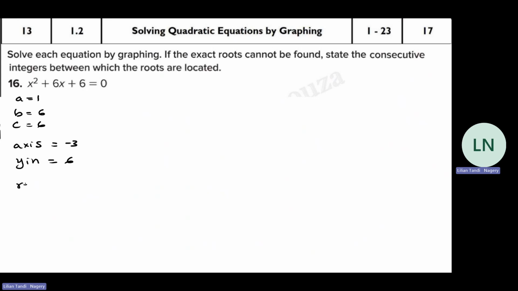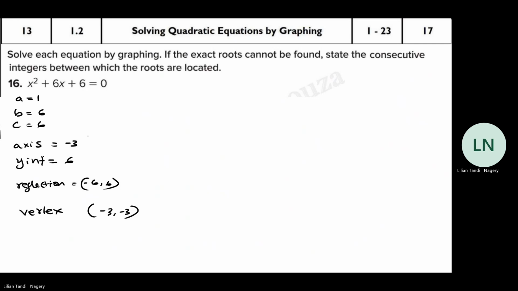My reflection, -6, 6. My vertex, -3, -3. By now, you should know this. I don't have to repeat it again. We've done like 10 of them already.